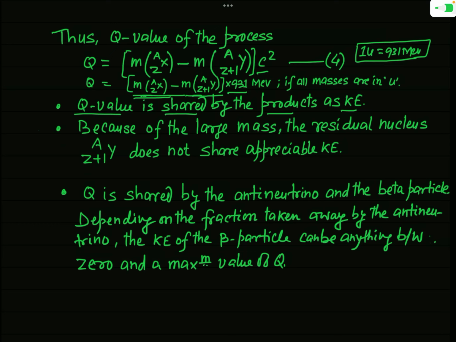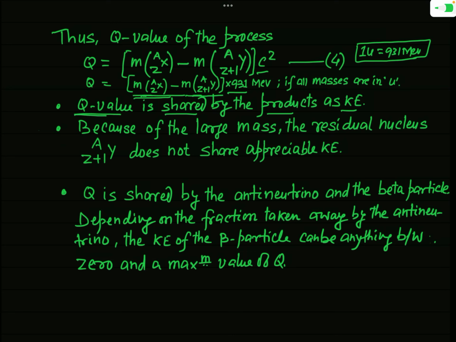And you know the daughter nucleus is very heavy, and as its mass is very large, it actually shares a very little amount of kinetic energy. We can neglect that amount of kinetic energy which is shared by the daughter nucleus. So we simply consider that the daughter nucleus does not share any kinetic energy. So the total value of this Q is shared between only the two particles, the electron and the antineutrino.